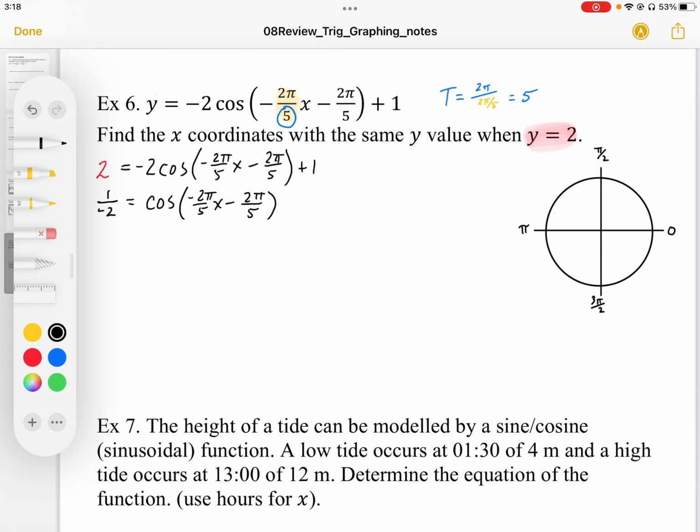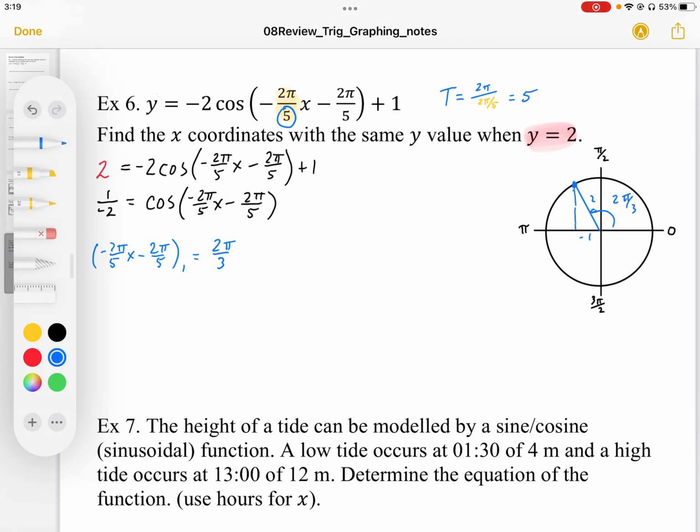Then I want to solve this. I could use my circle. I'm looking for the angle where the cosine value is equal to -1/2. One place where the cosine is equal to -1/2 is right here in quadrant 2, at an angular position of 2 pi over 3. So I know that theta 1, -2 pi over 5 x minus 2 pi over 5, is equal to 2 pi over 3, and I can solve that equation.